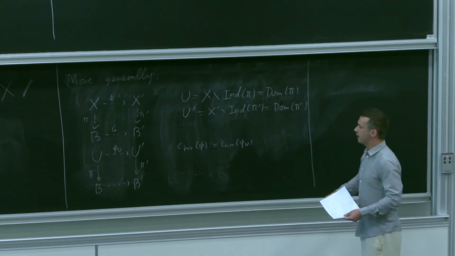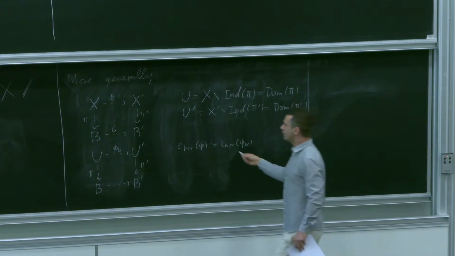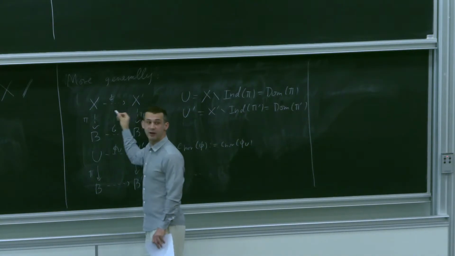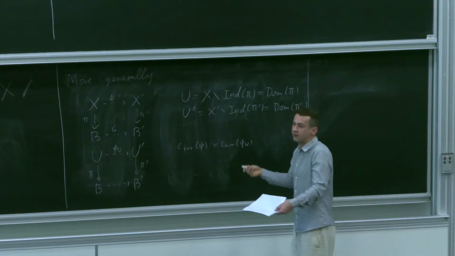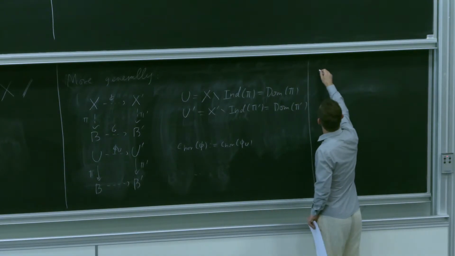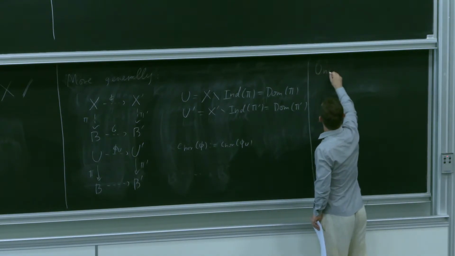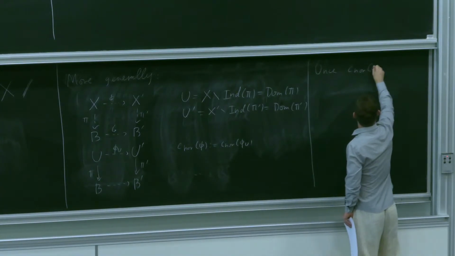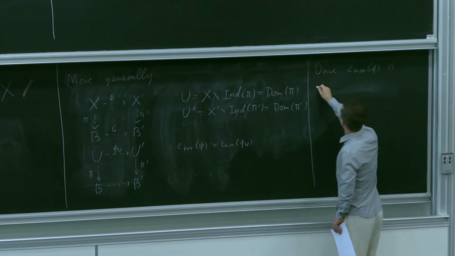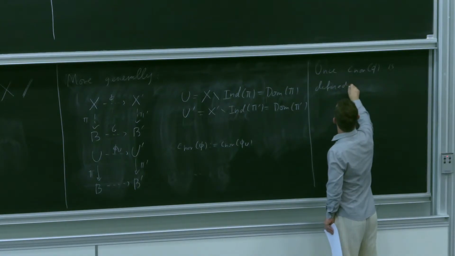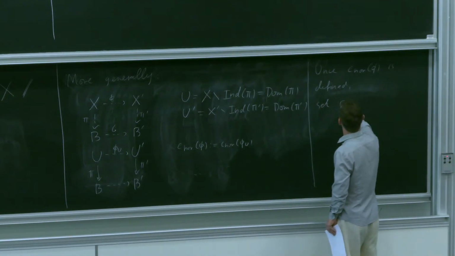Okay, so now I have, in large generality, this horizontal invariant. And so we can now define the vertical invariant. So once this is defined, we just say that the vertical is everything else.